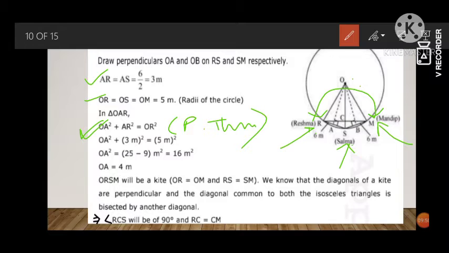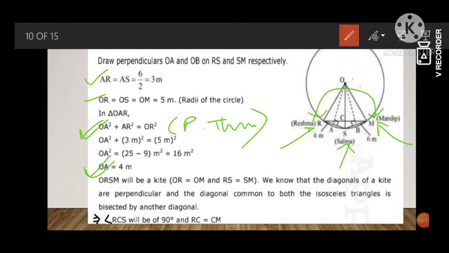So OA square plus 3 square is equal to 5 square. If we substitute the value and solve for OA, we will get OA as 4 meters. So the distance between the center and the point A is 4 meters.